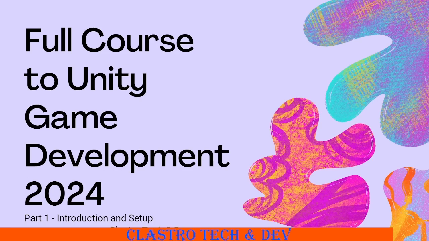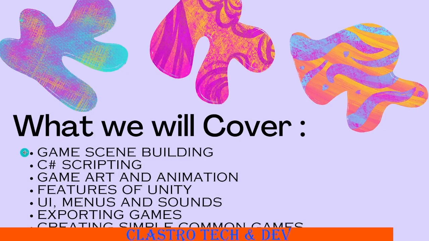First, let's see what we will cover in this course. We will cover game scene building. We will create our own game universes. We will see how to create our own game scenes and how to add objects to our universe or game scene.